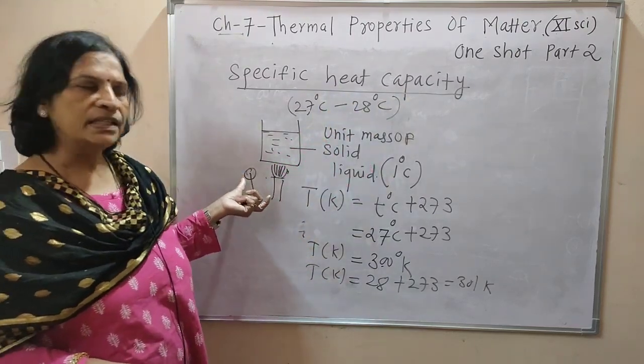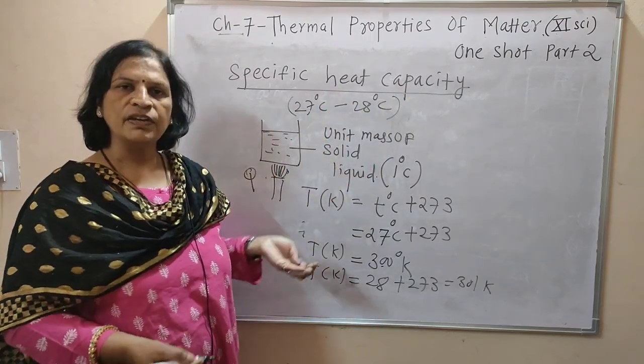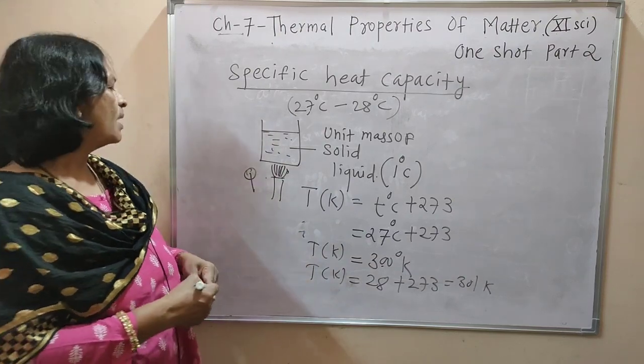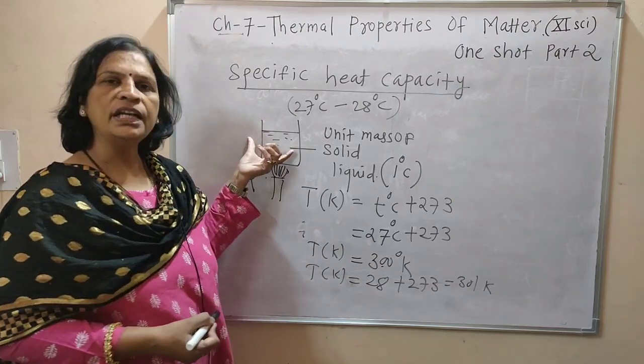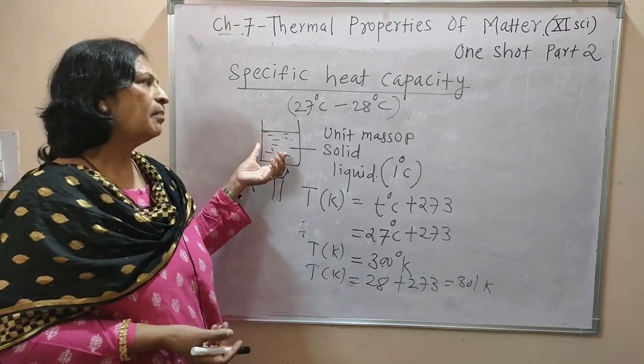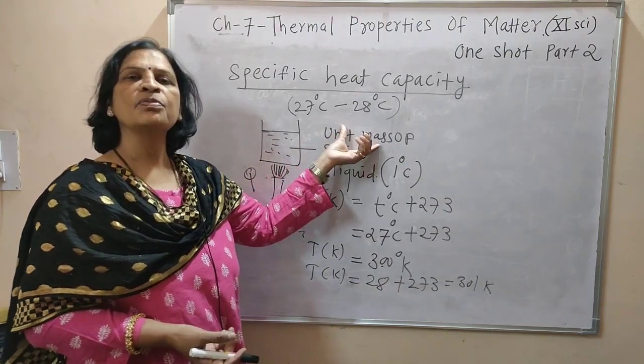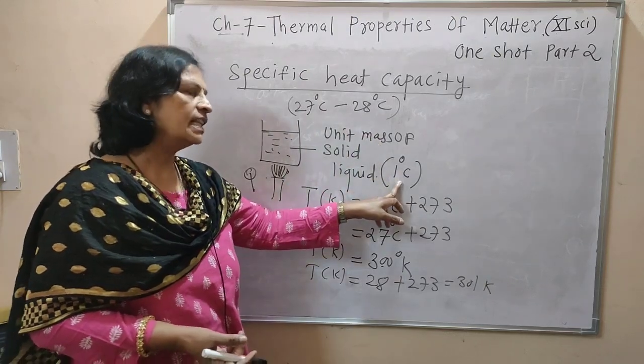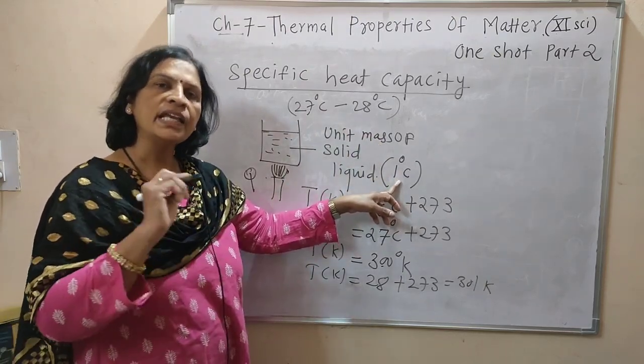Specific heat capacity of a solid or liquid is defined as the amount of heat required to rise or fall the temperature of unit mass of a solid through 1 degree Celsius or 1 Kelvin.